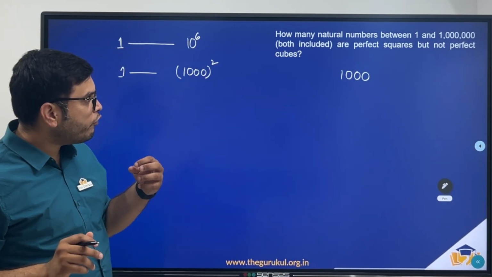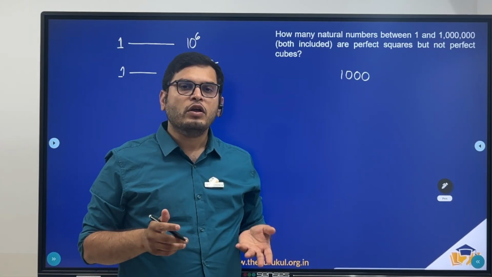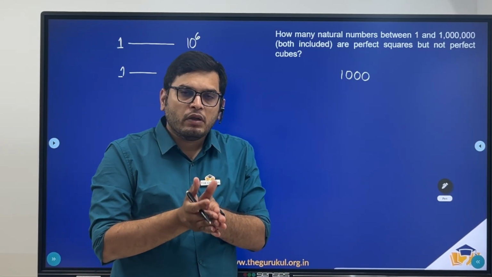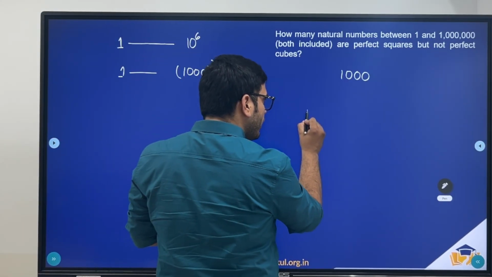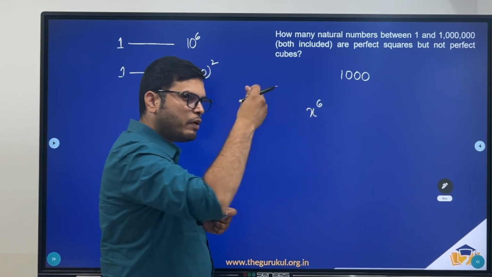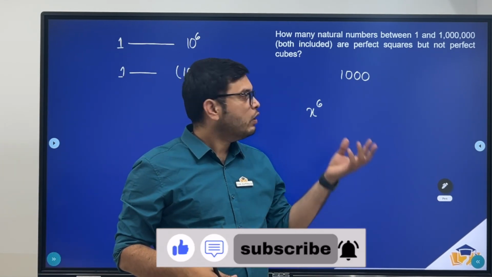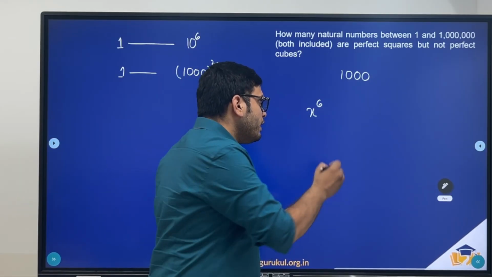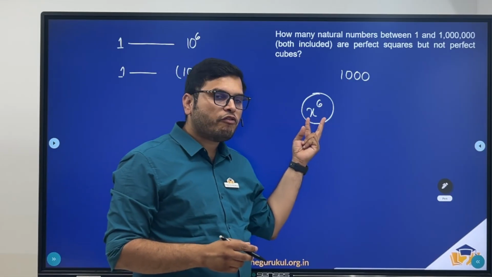Now we need to find the number of perfect squares that are not perfect cubes. So what should be the form of a number that is a perfect square and a perfect cube? A number in the form of x raised to the power 6 is both a perfect square and a perfect cube. Now we need to find the total number of numbers from 1 to 10 power 6 which are in the form of x power 6.